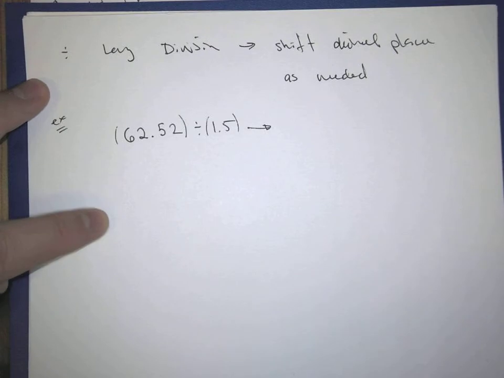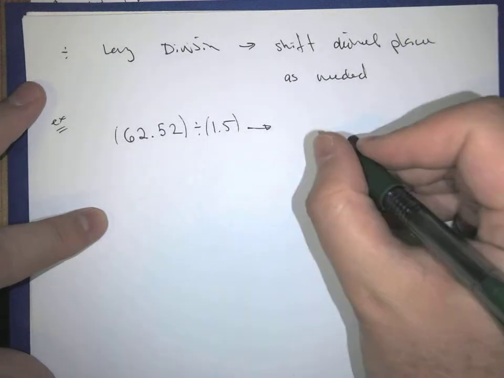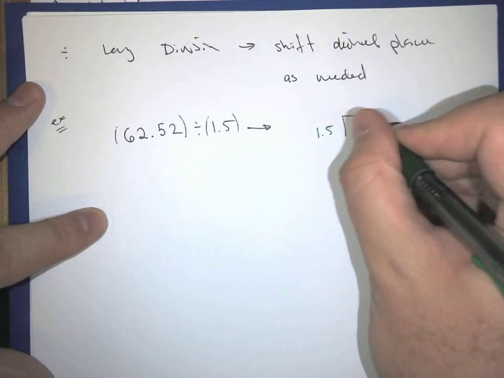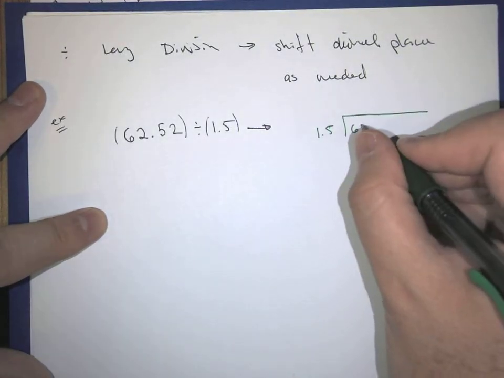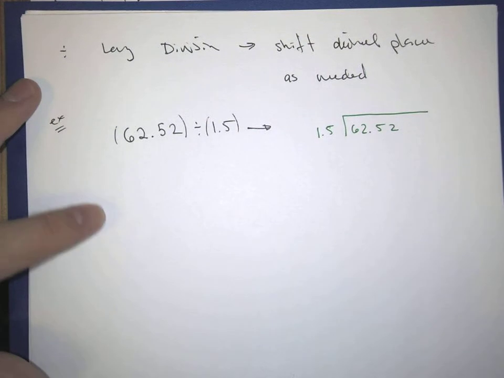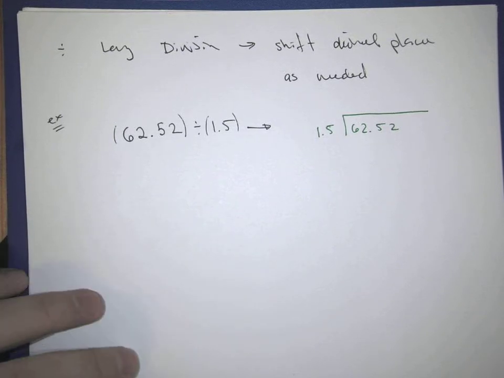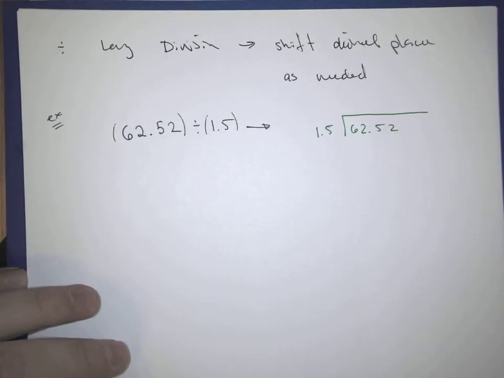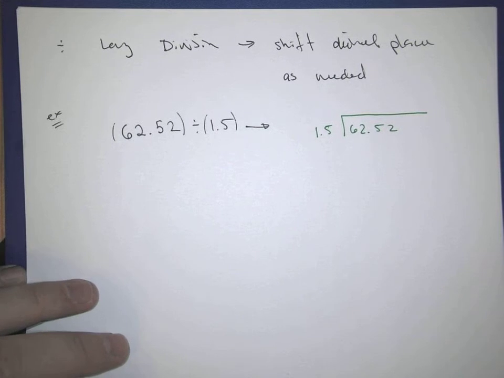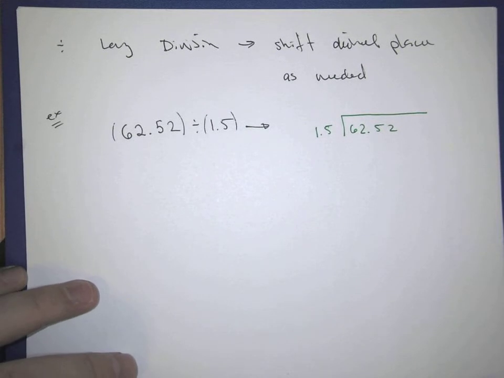So this setup initially is going to look like 1.5 on the outside and 62.52 on the inside. Now, the issue here, besides a general sense of wanting not to deal with this: isn't this why we have calculators? Yeah, sure, you can do this with a calculator. The point is to make sure you can do it by hand in a pinch.